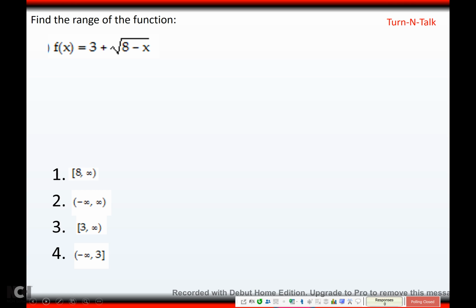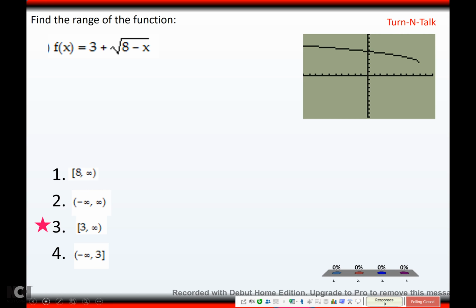Alright, so find the range of this one, hit pause, come back when you're ready, and hopefully you got that. If I look at my picture, it looks like this thing doesn't even start until it reaches 3.